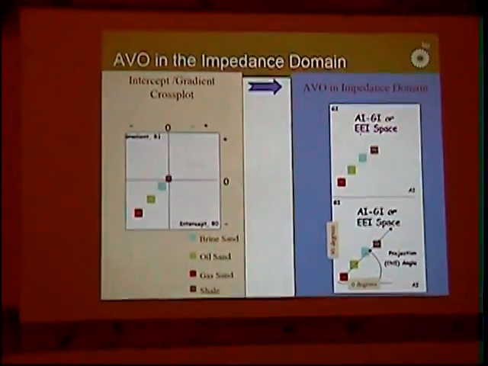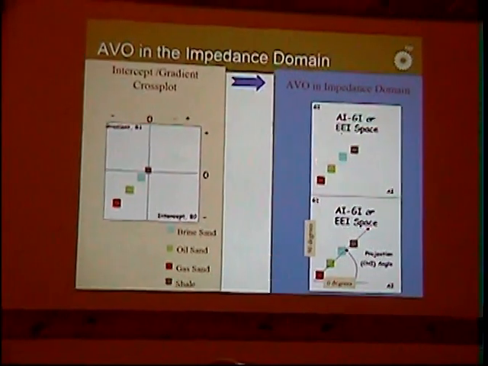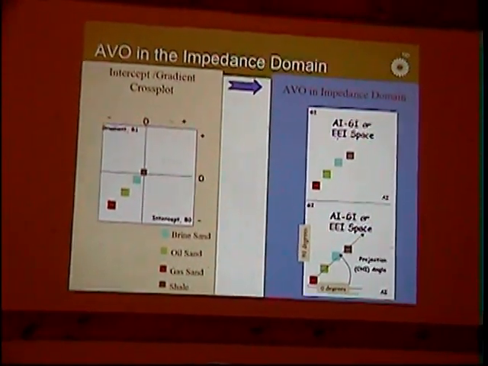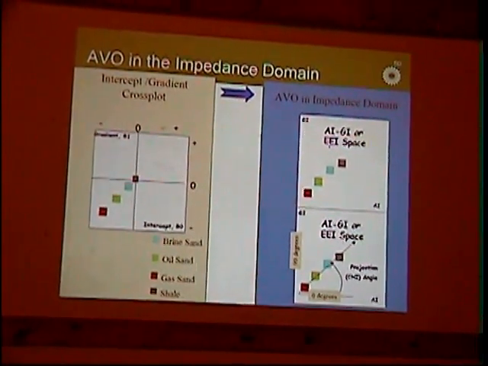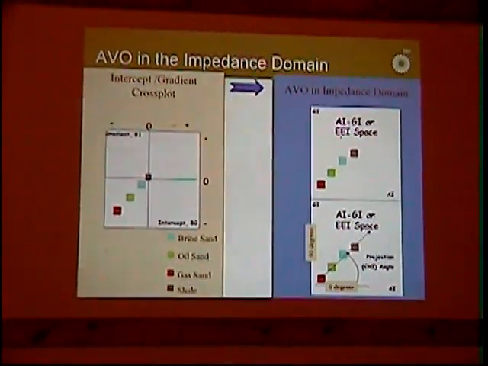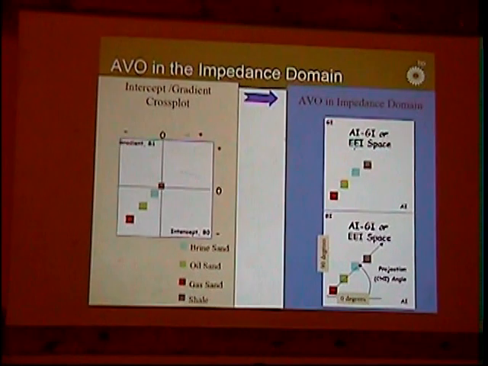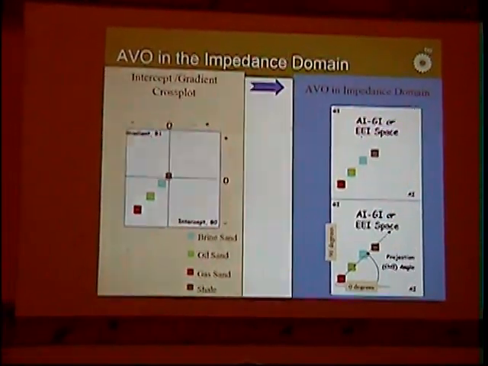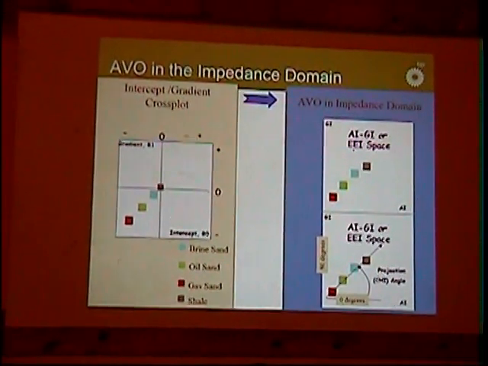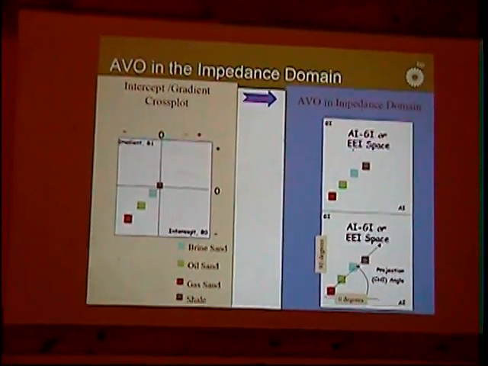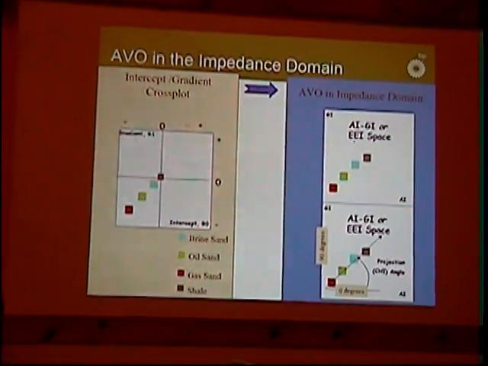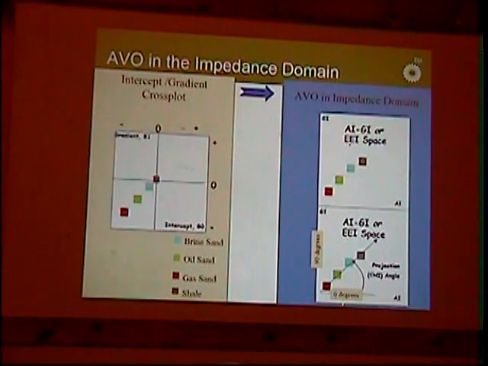So all I'm doing here is making that separation as big as it could be, generating an optimum volume to be able to see fluids. In this space, you can generate different kinds of impedance volumes to see lithology, porosity, fluid, of course. So that's the extended elastic impedance space.